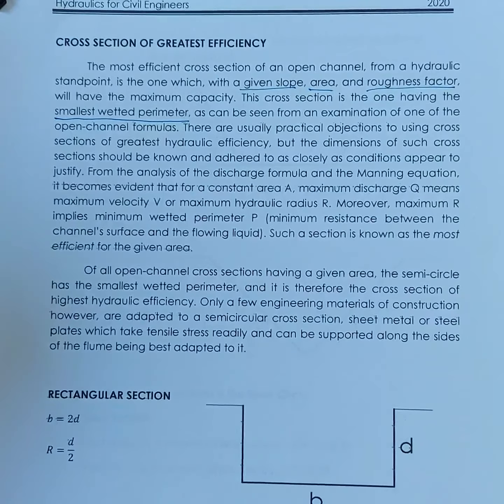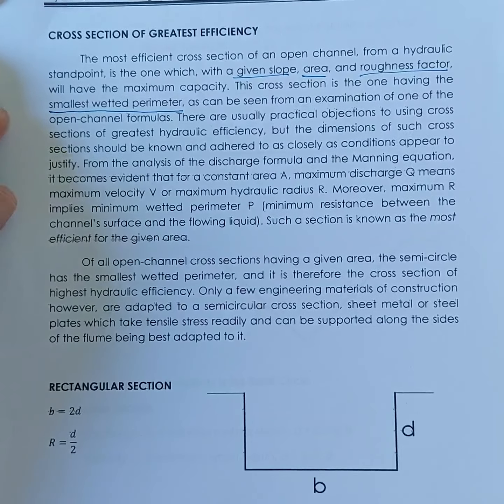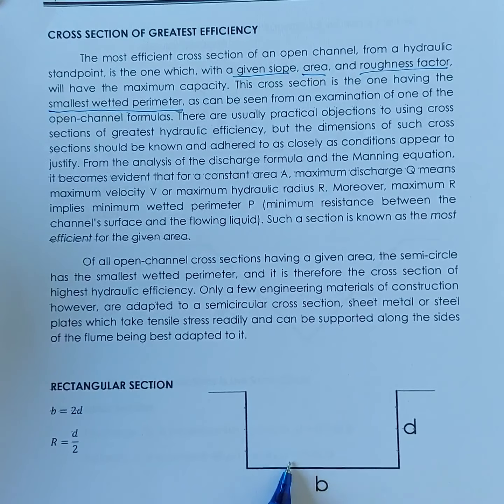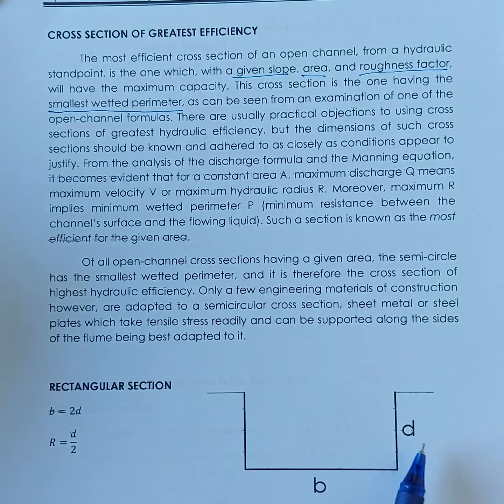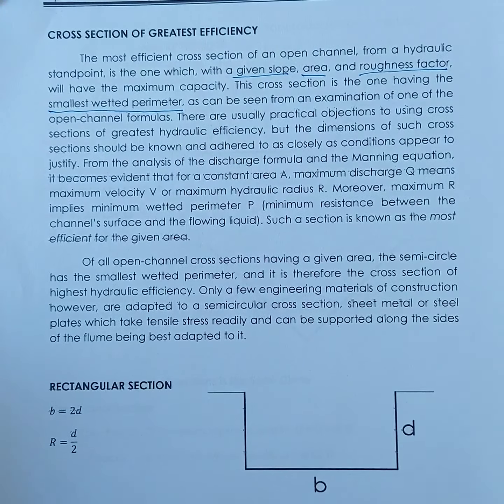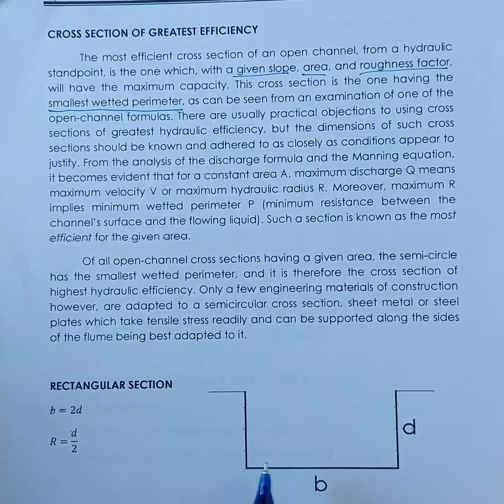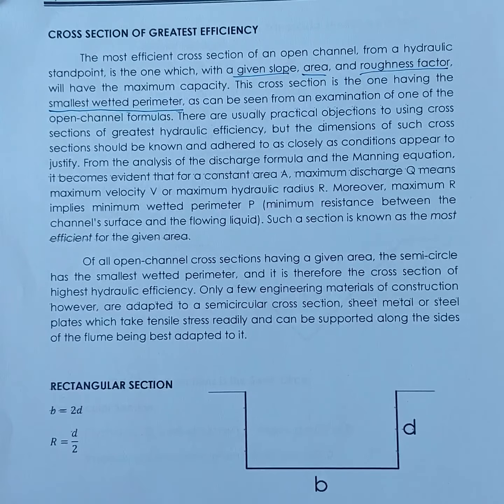For example, if you have a rectangular cross section, the cross section of greatest efficiency would be a rectangle having a base that is twice the depth. So it takes up a fairly wide area if you use this particular section. So sometimes we are limited with the area, and we do not adhere to this principle.